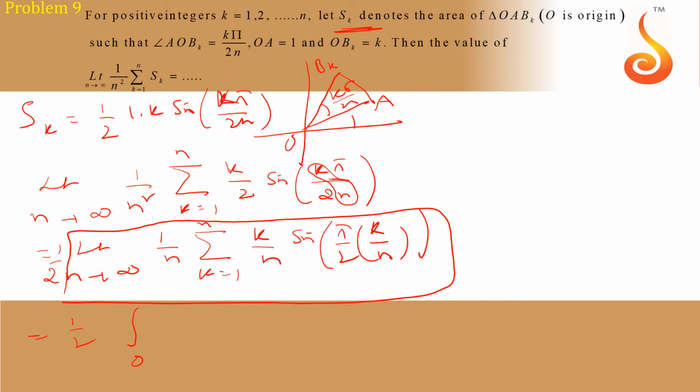Here n by n is 1. So k by n is x into sine of pi x by 2 dx. Then this is nothing but what? By parts. So half into apply by parts between 0 to 1. You will get the result as 2 by pi square.